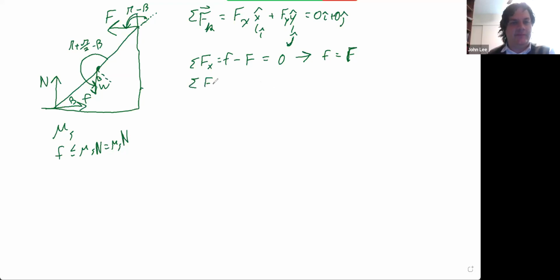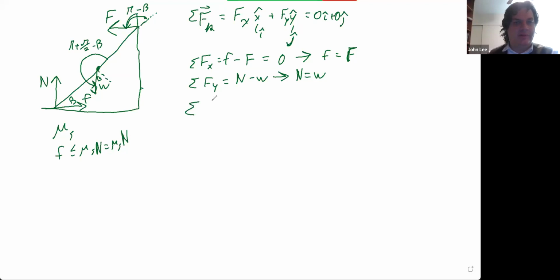Sigma Fy is equal to the normal force minus weight. So the normal force is equal to the weight of this ladder.